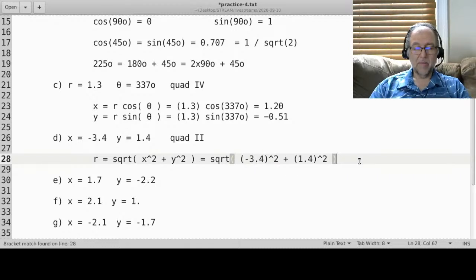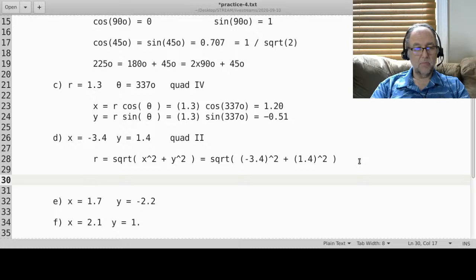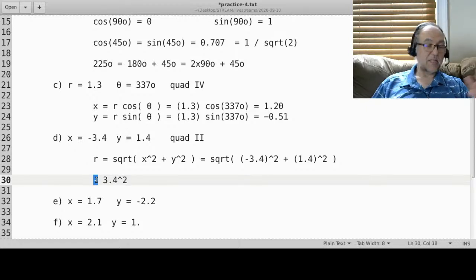Okay, so you guys probably know this, but since we're going over it, it's probably worth pointing out the kind of common mistakes I've seen students do on their calculator. If you type negative and then you type 3.4 and then you square the 3.4, what happens on some calculators is that it'll only square the 3.4, okay, and it'll give you that value, and then it'll carry the negative sign in front, and that's wrong.